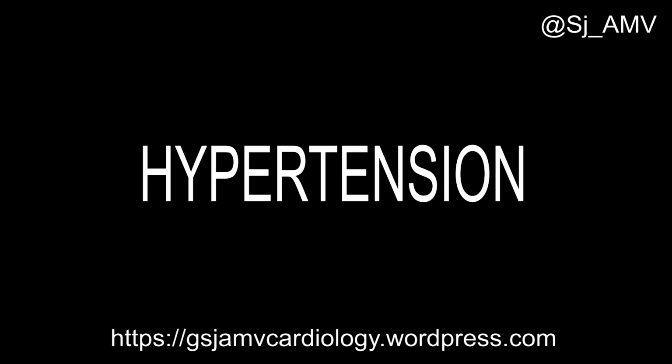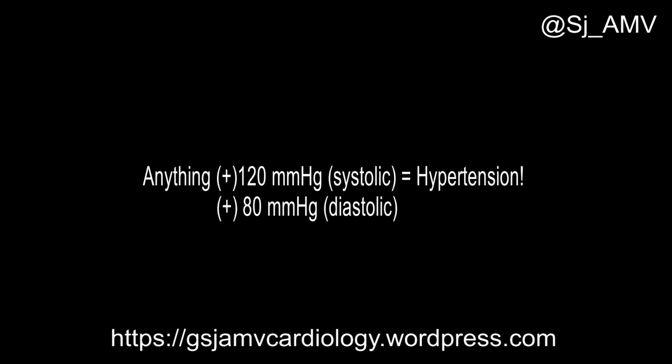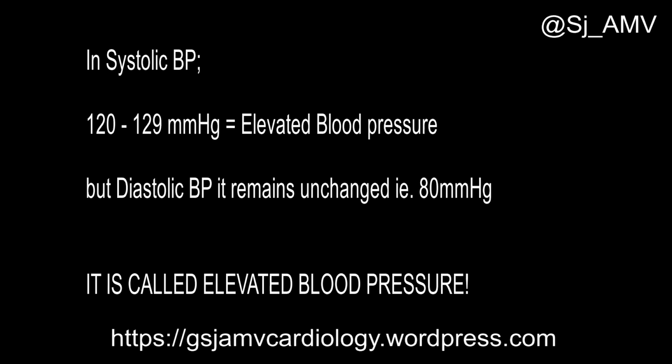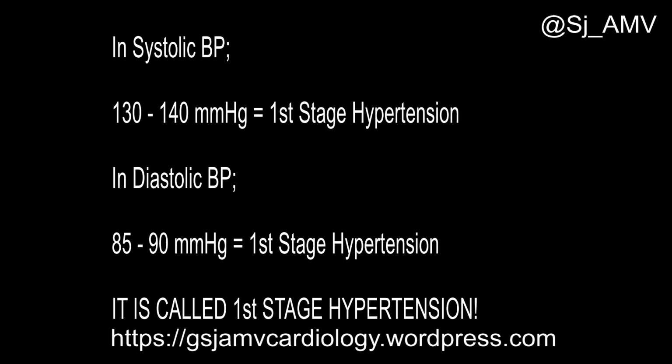In hypertension, any blood pressure above 120/80 mmHg signifies hypertension. In systolic BP, anything from 120 to 130 millimeters of mercury, but with the diastolic BP not over 80 millimeters of mercury, shows elevated BP. But above 130/85 mmHg shows high BP, which is the first stage of hypertension.